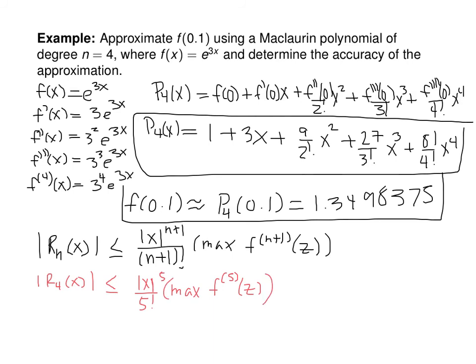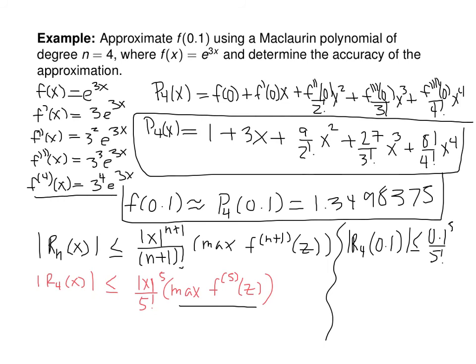So in our particular case, the x we plugged in was 0.1. So the remainder of the 4th degree Maclaurin polynomial for 0.1 will be less than or equal to 0.1 to the 5th over 5 factorial, and then the maximum of the 5th derivative. We have to first find the 5th derivative, but that's not super hard. The 5th derivative will be 3 to the 5th e to the 3x.